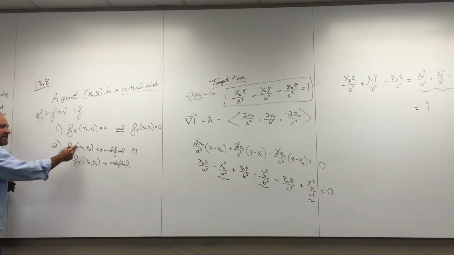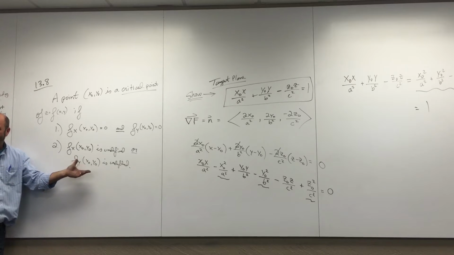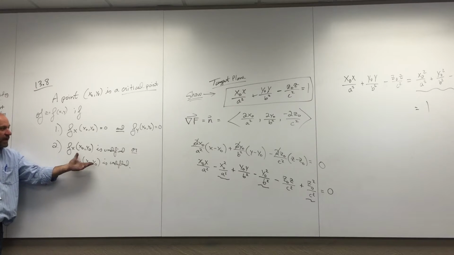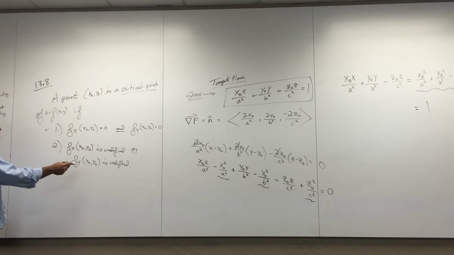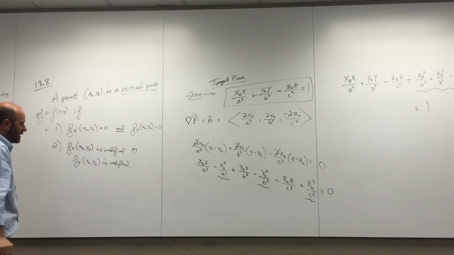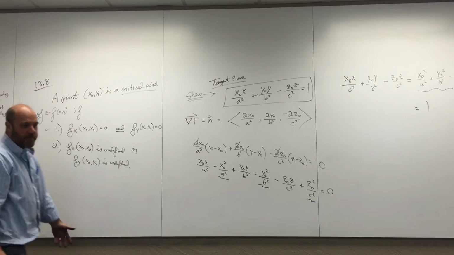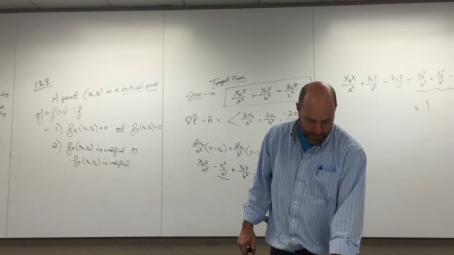These undefined versions are kind of weird, sharp points. We mostly are looking at the other ones. If it's undefined in the original function, then it's not really a critical point.